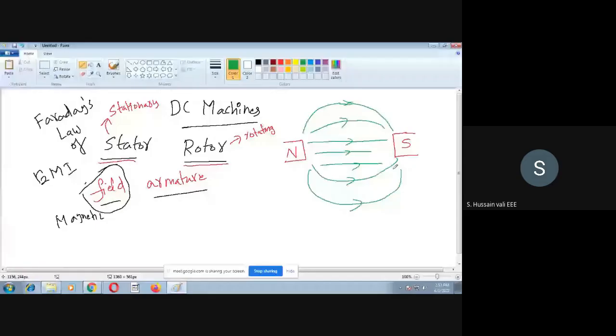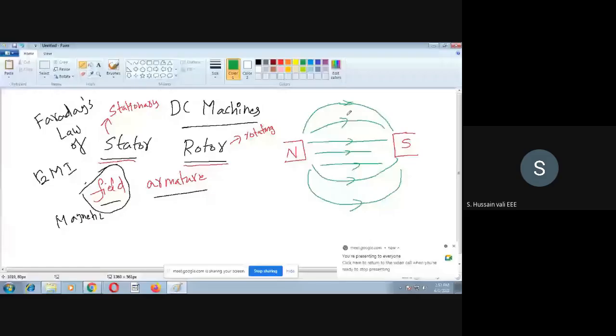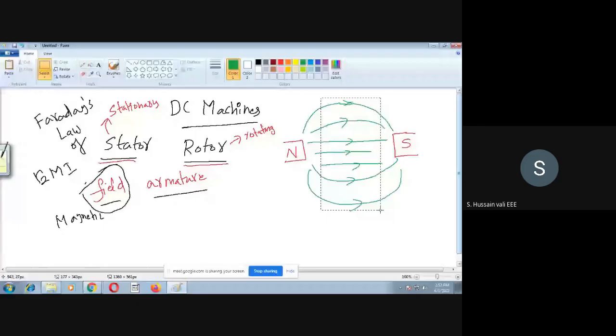Now what you have to do is put a conductor in these flux lines. Then I will erase some part of this, and in that part, you have a conductor. This is just an example.